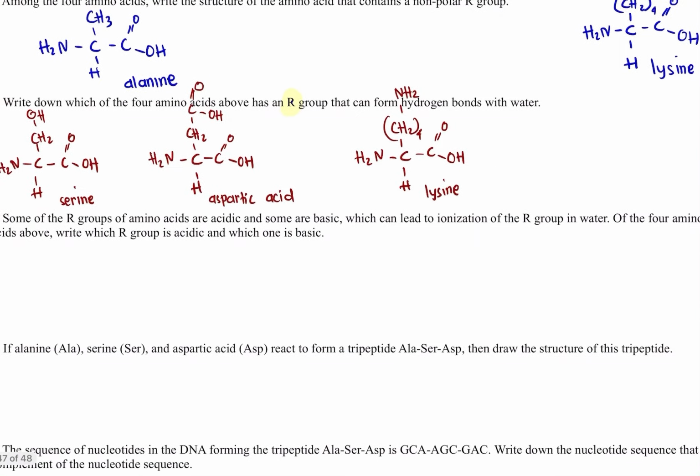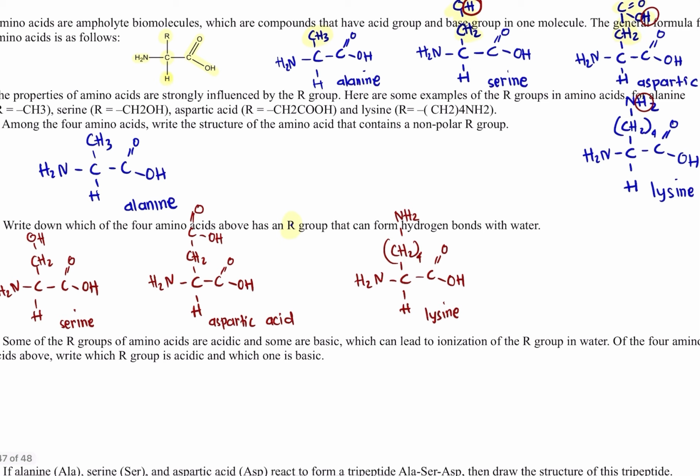Okay, the question C. Some of the groups of amino acid are acidic and some are basic, which can lead to ionization of the R group in water. Of the 4 amino acids above, write which R group is acidic and which one is basic. So we have CH3, that's not acidic, it's also not basic.